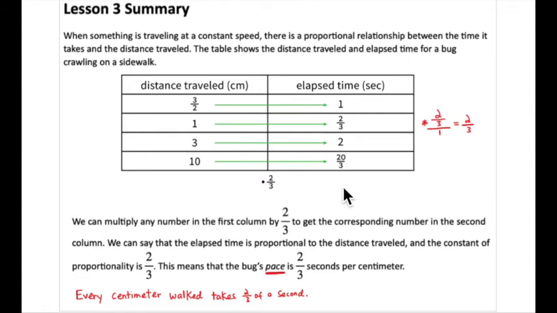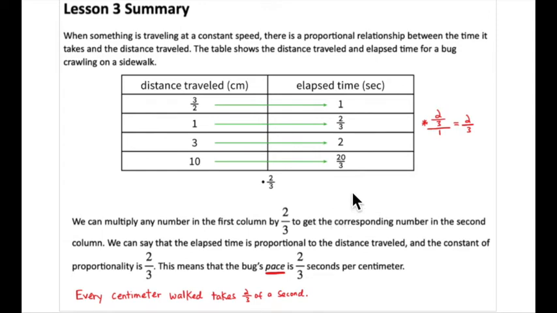And finally, the last one, 2/3 of 10 is 20/3. 2 times 10 is 20. 20 divided by 3 is 20/3. They don't simplify that at all, so we just leave it as 20/3.